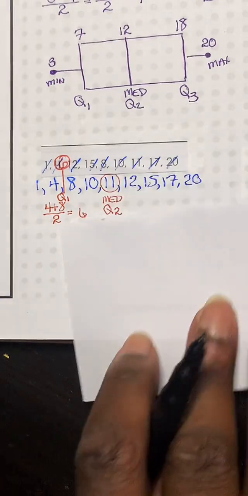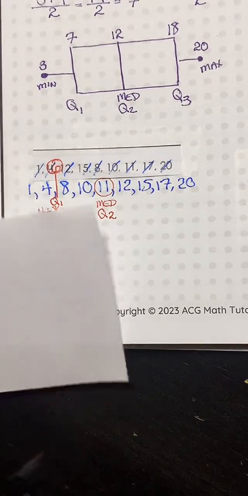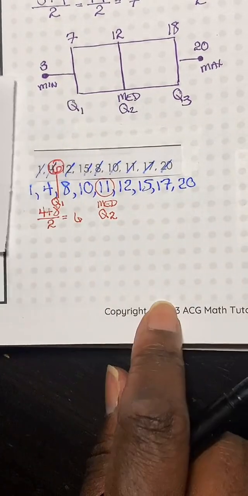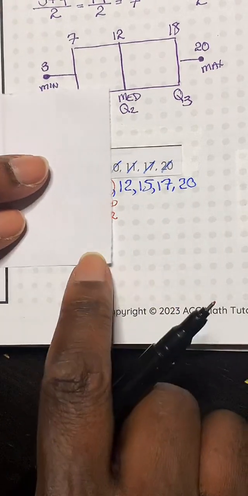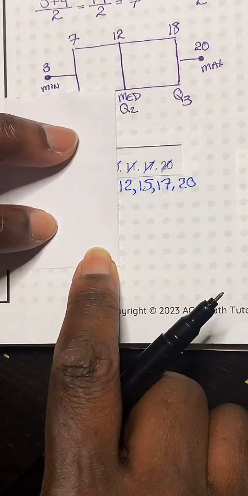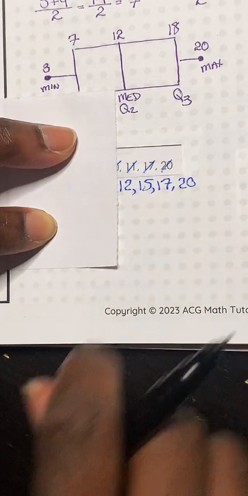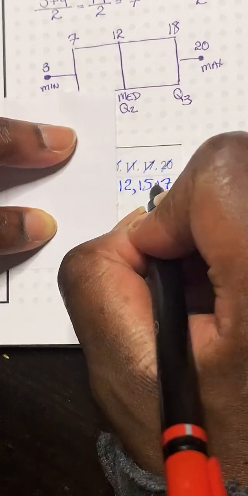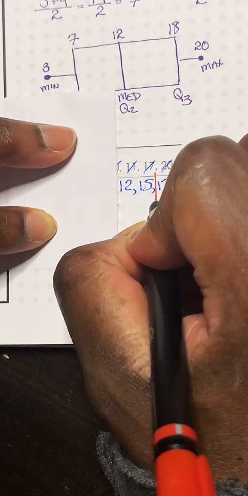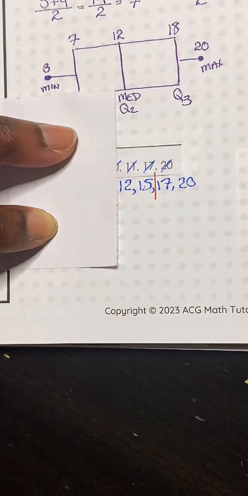Same thing happening with the upper numbers. I'm going to cover these, including the median from the data. So I got 12, 15, 17, and 20. So that means in between my 15 and 17.